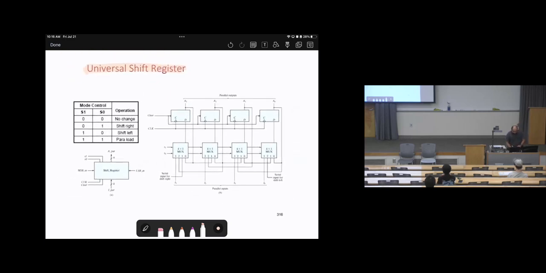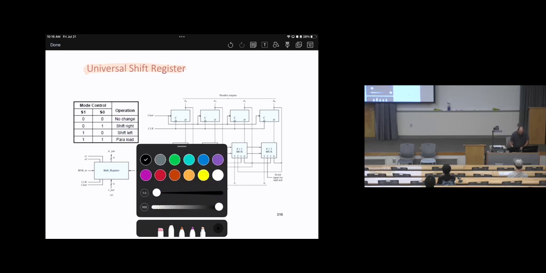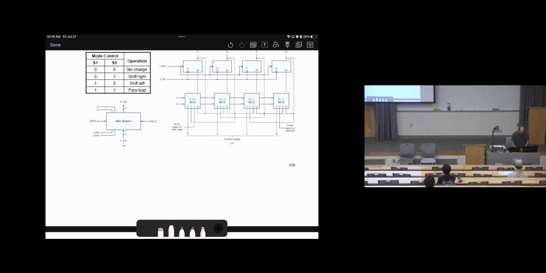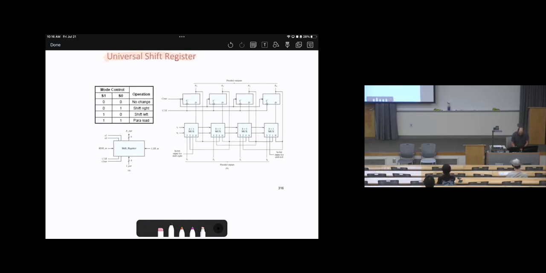So as a result, we have the control inputs S1 and S0. You need to locate the controls, where we use multiplexers to do all of this control. When S1, S0 are zeros, this means retain or store the data, don't change anything, no change.